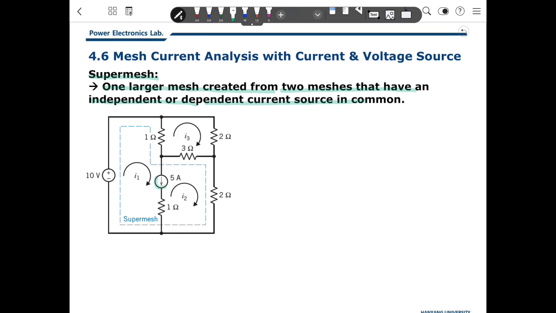We have three meshes here, 1, 2 and 3, but the current source belongs to the first mesh and second mesh. Then we can make a super mesh here, not going through the current source. We call that a super mesh.